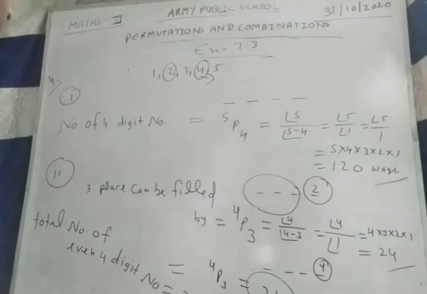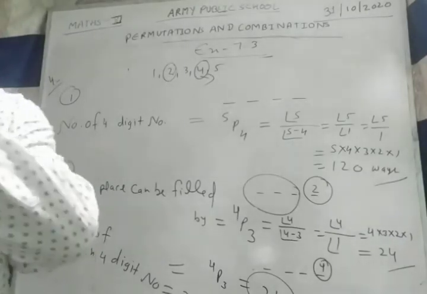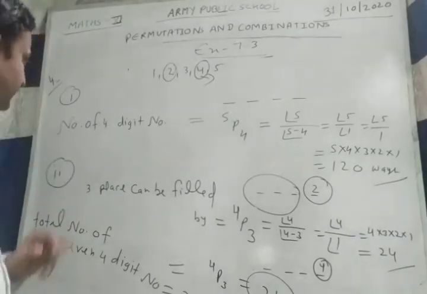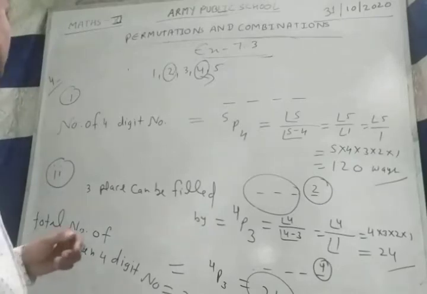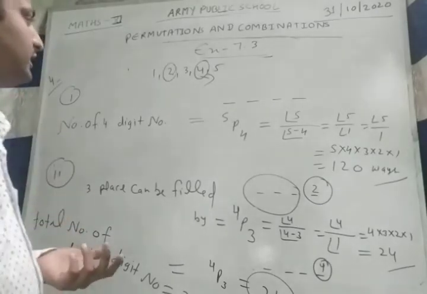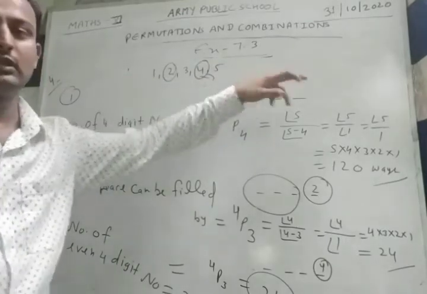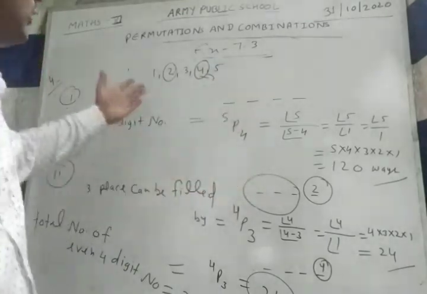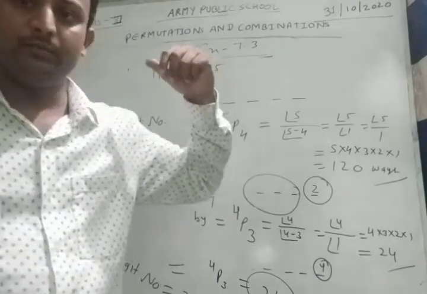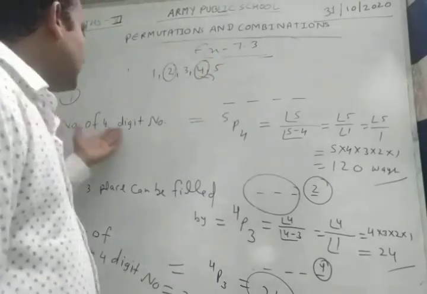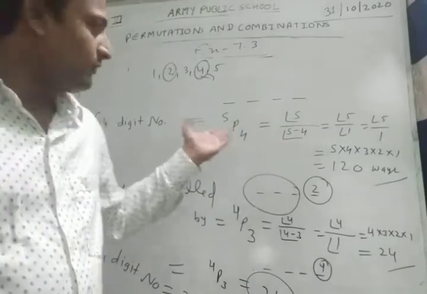Okay. So what we are getting here is that in this question there are 2 questions. The first part is to find how many 4-digit numbers can be formed using the digits 1, 2, 3, 4, 5. So it is simple. The total number of digits is 5 and r is 4.